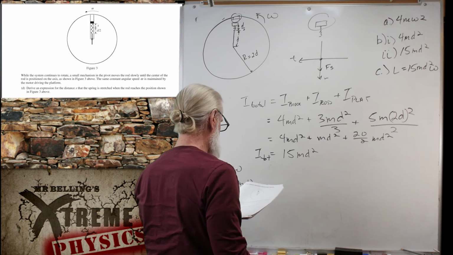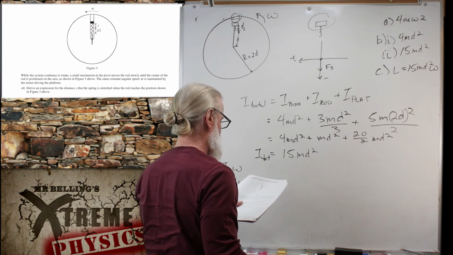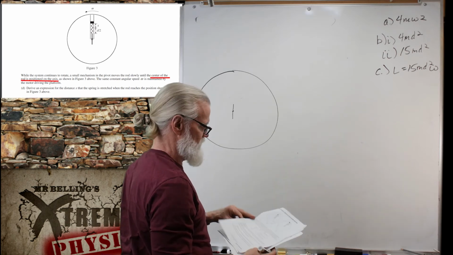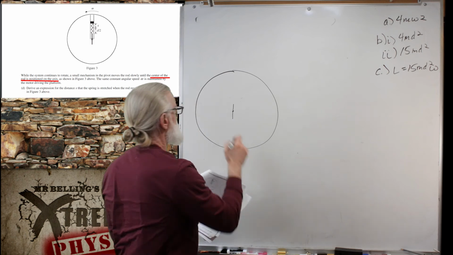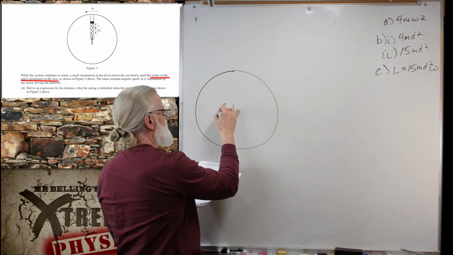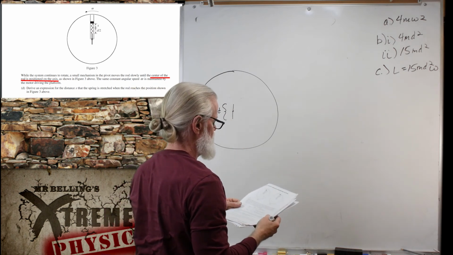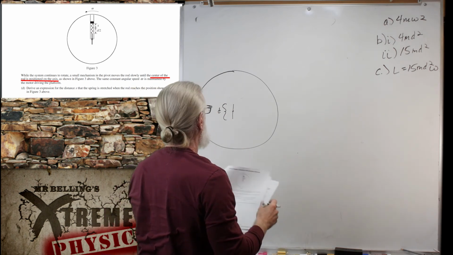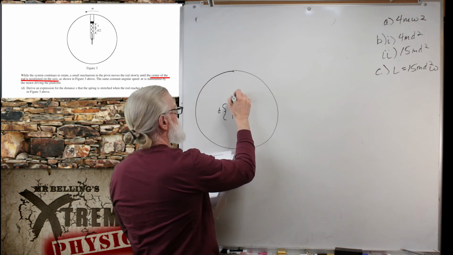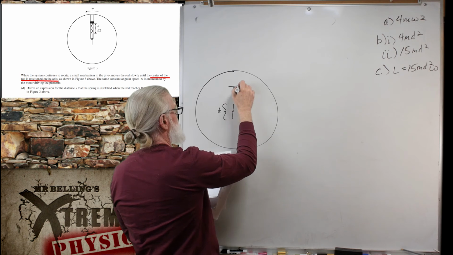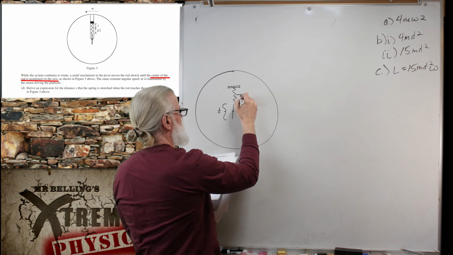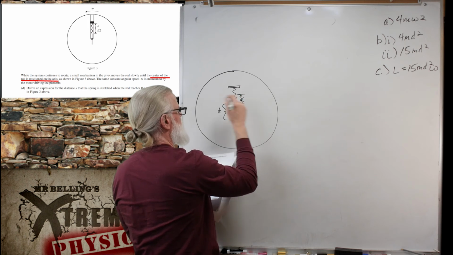All right, derive an expression for the distance that the spring is stretched when the rod reaches the position shown in figure 3. From our initial drawing, we know this is d, and the spring is like this, and the mass is here. And this is d over 2, which was the equilibrium position.